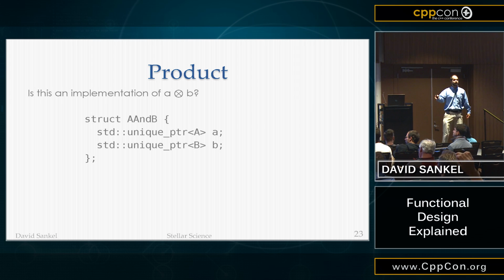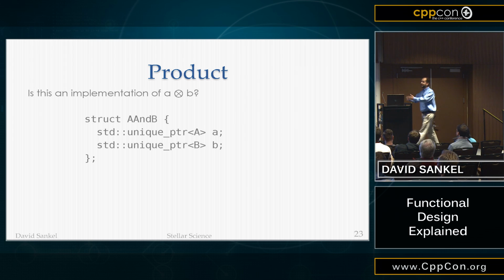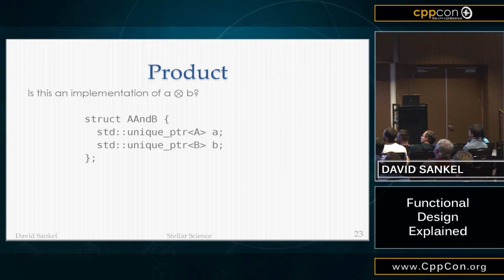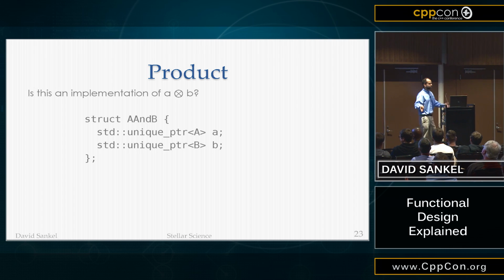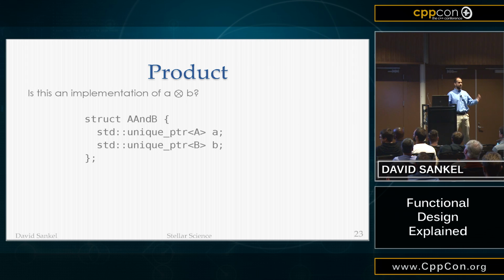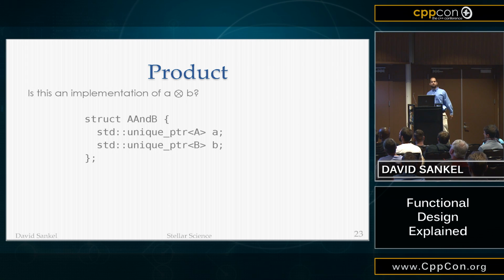Okay, and then there was a comment that it is a product type, and I think it isn't, but for a different reason. Because it can be null, exactly. We're introducing an extra state, and you've got to deal with that. So the way you can deal with that is you can just write a little comment next to it saying that it's an invariant of this struct that these things are never null, and then it models it properly.